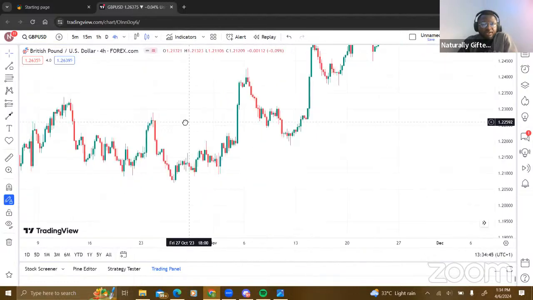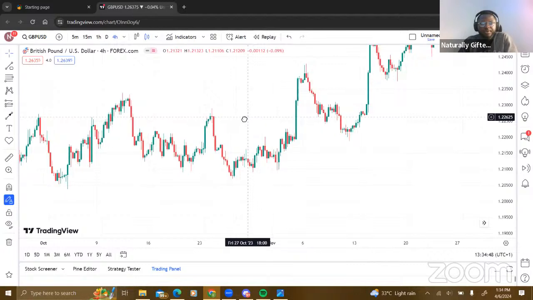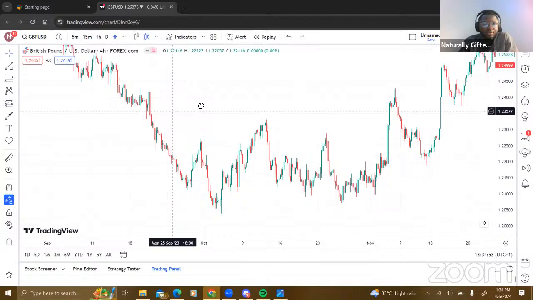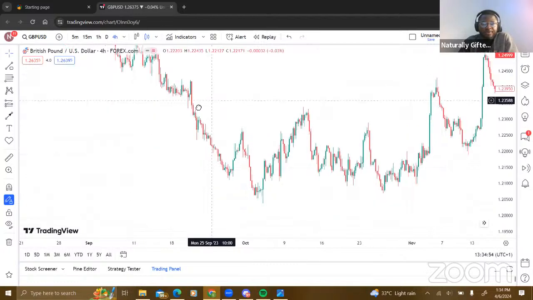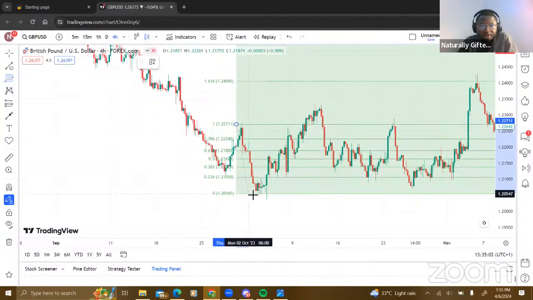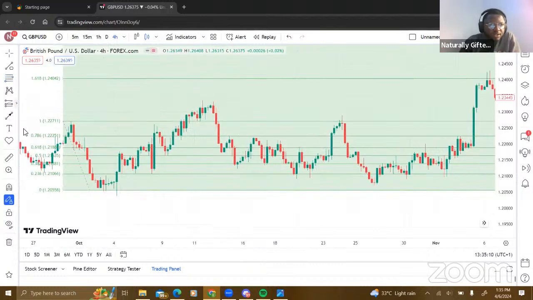I see something here. This is an extension here. You have something like this here. From this level, this is a high all the way to this point, which is the low. Right? So we're going to do a pattern.